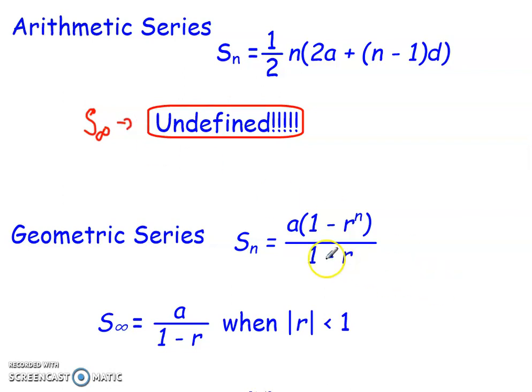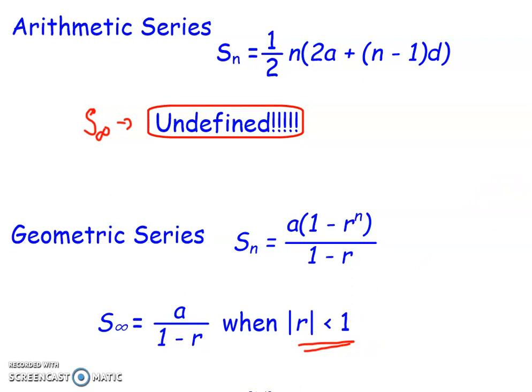For a geometric series, we know that the sum to n terms is given by a bracket 1 minus r to the n, all over 1 minus r, and the sum to an infinite number of terms, so S infinity, equals a over 1 minus r, but only when the magnitude of r is less than 1. So only when our condition of the magnitude of r is less than 1.